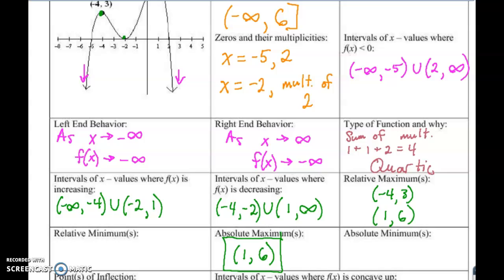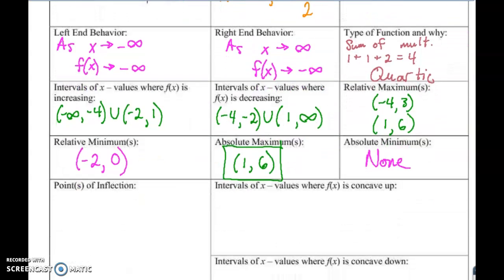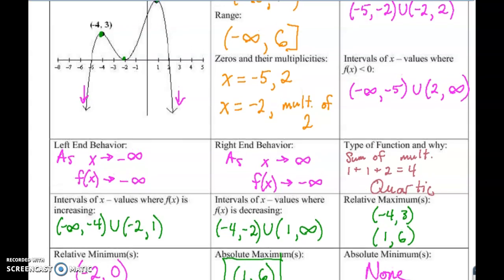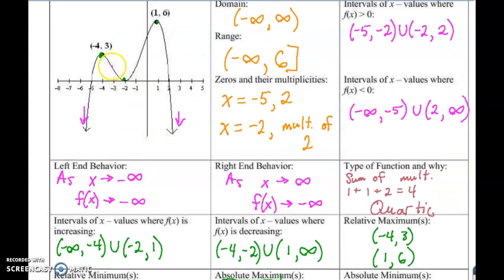Now the relative min, sort of tricky here, but I have confidence in all of you. Again, you can say it's a relative min value of 0 at x equals -2, but is that the absolute lowest point on the graph? No. There are none. So our points of inflection are halfway between those values.